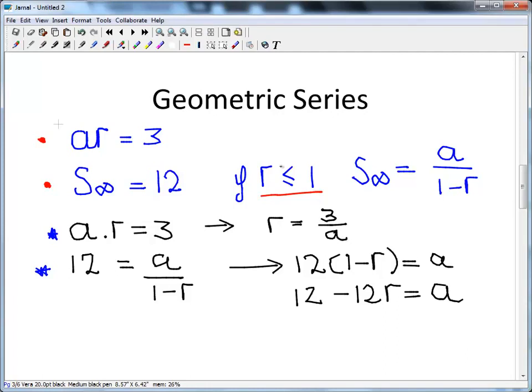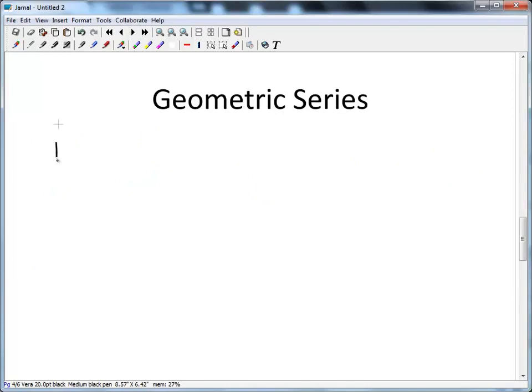Actually, let me write a equals 3 divided by r.